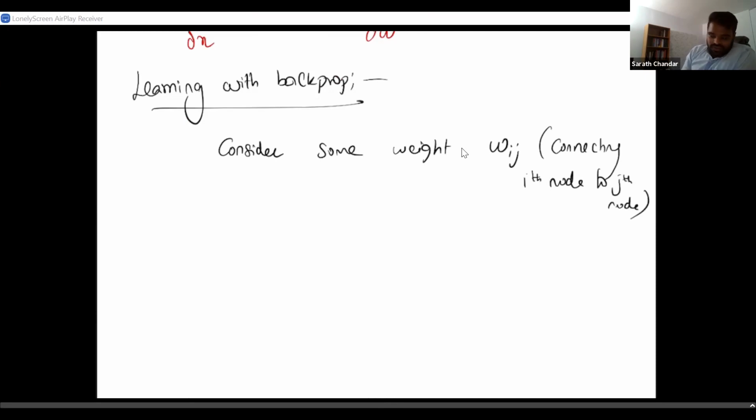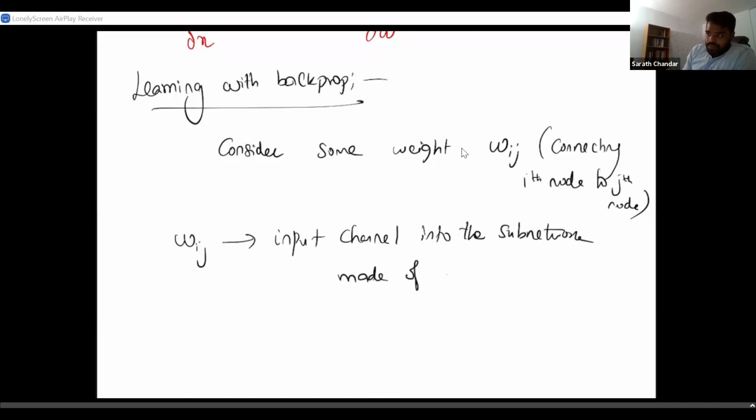This weight wij can be considered as an input channel into the subnetwork made of all paths starting at wij and ending in the single output of the network.